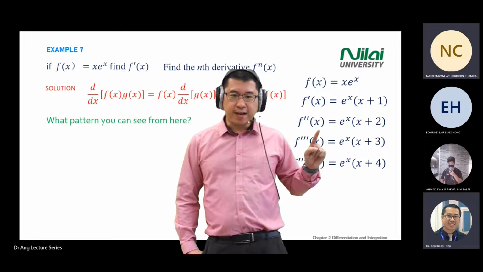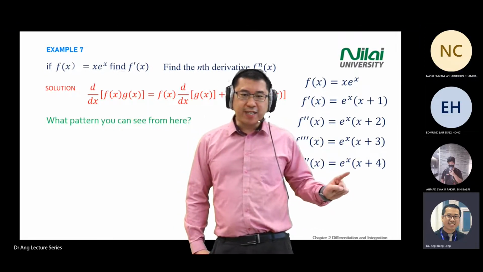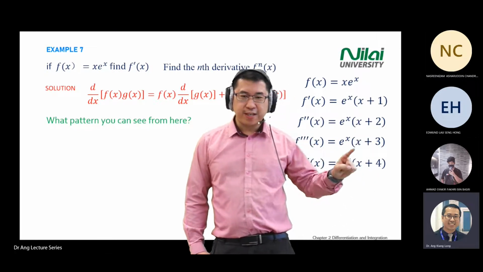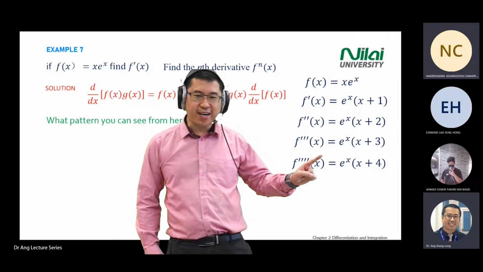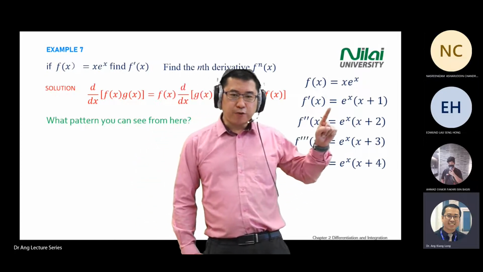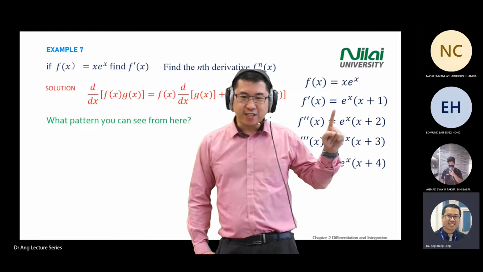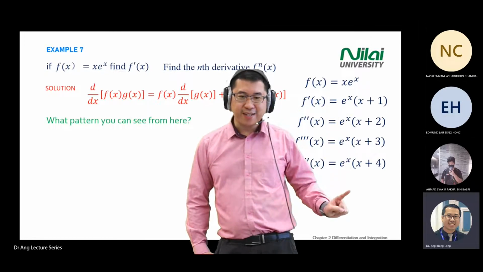No, I mean, part of the answer is x plus n, because you see the 1, 2, 3, 4 is changing according to n here, correct? Yeah. But you have to copy the body of the same formula here.